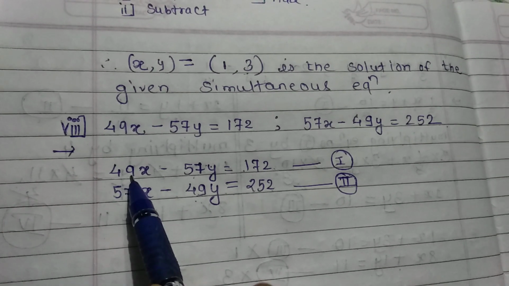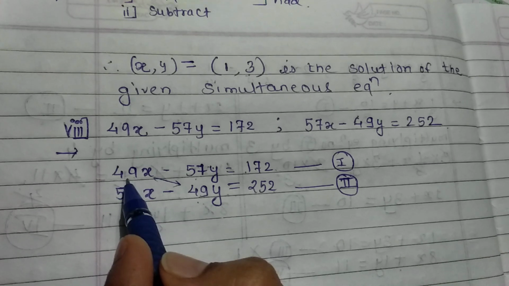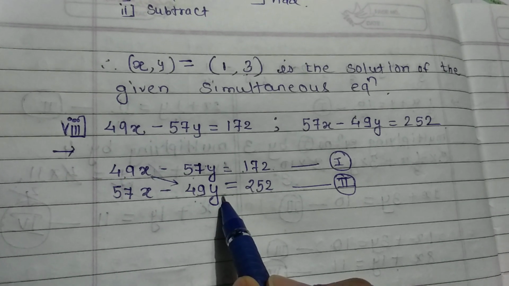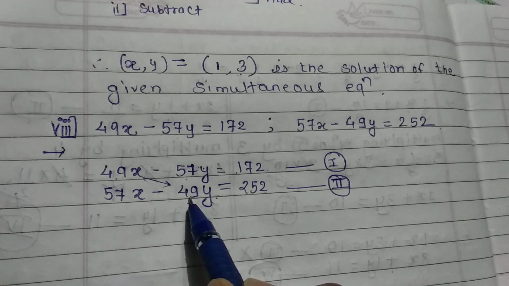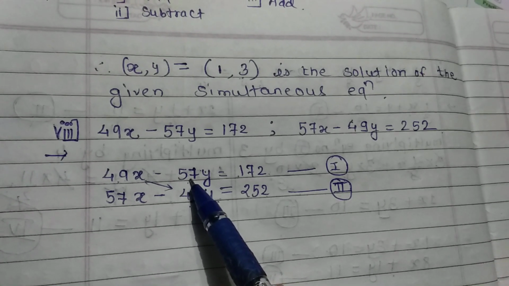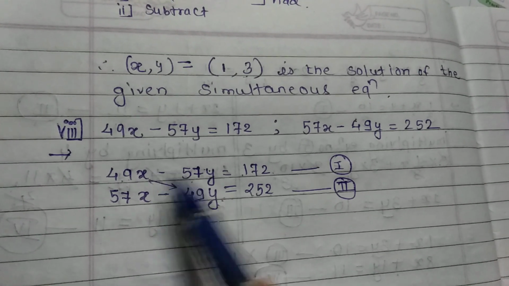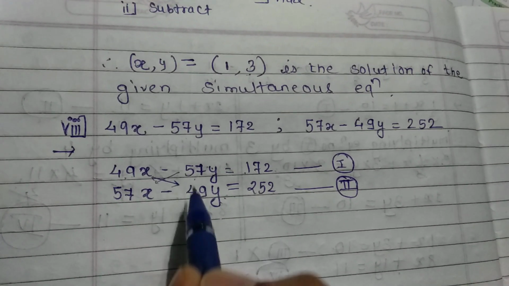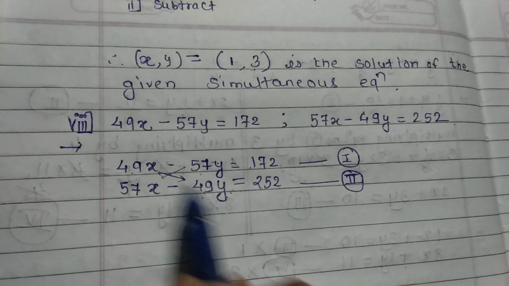Here the x coefficient is 49, and in equation 2 the y coefficient is 49. And the y coefficient in equation 1 is 57, and here also it is 57. It means if you cross it, their cross coefficients are the same.